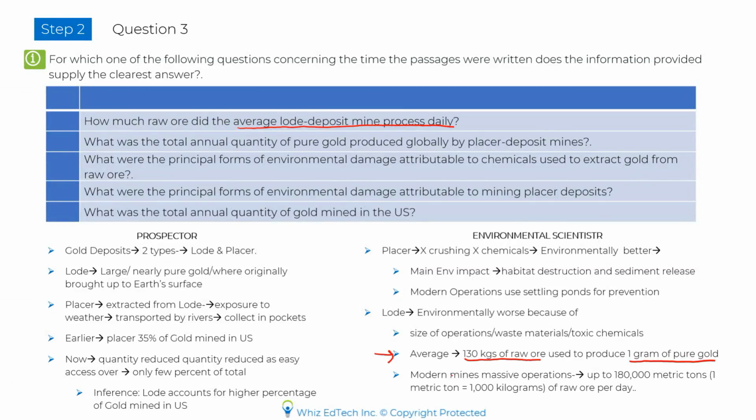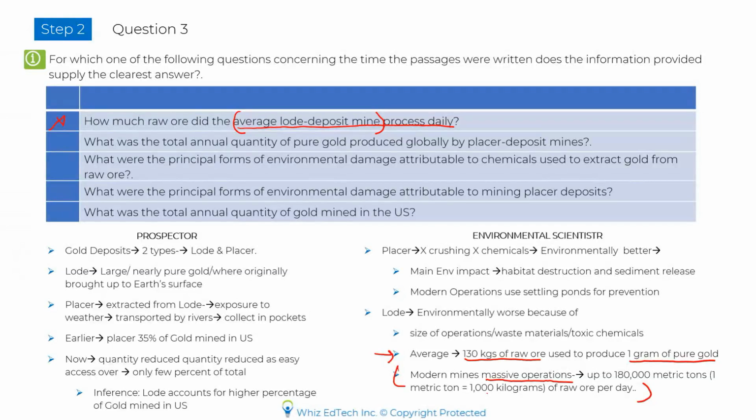Let's see. Modern massive operations. For massive operations, this is the data. This is talking about the average mine. Now, average does not mean only the massive ones. The massive ones, the small ones, the average ones, all of them together. So for this, we don't have a clear answer. A is not the correct answer. The average that we know is about how much raw ore we need to produce 1 gram of pure gold.